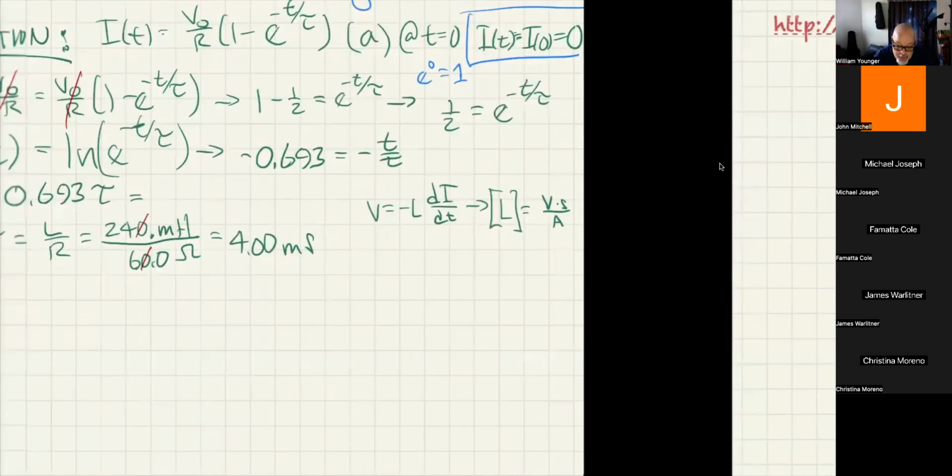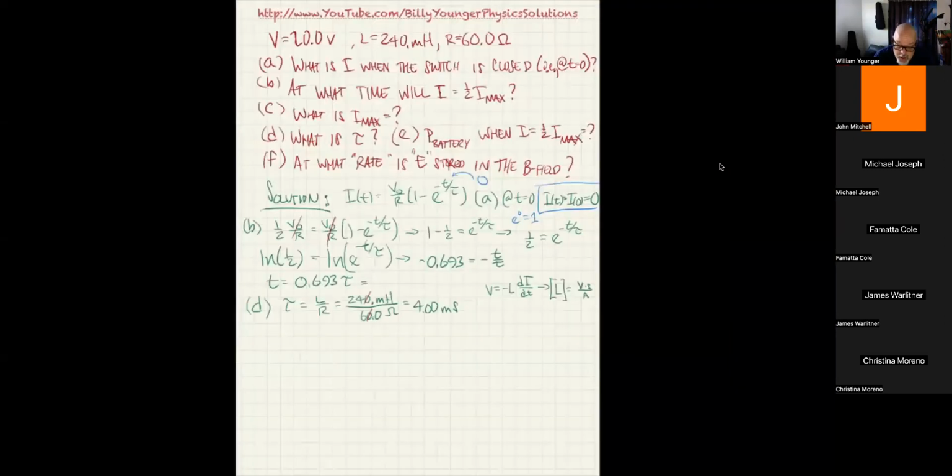So that's an equation we could use to make sense of it. You can then see that L over R in units is going to be volt seconds per amp. And then at the bottom, you're going to get an ohm from that. And of course, if you look at V equals IR, you see that ohms is volts per amp.